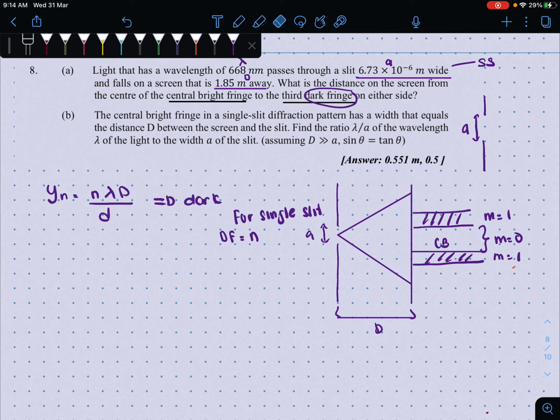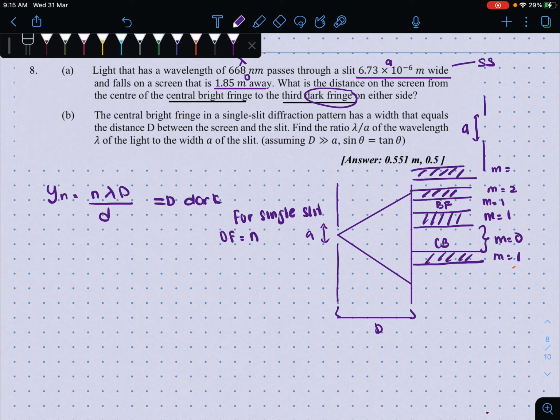Untuk yang double slit, yes. Untuk single slit, no. You will only have M is equals to 0 sekali sahaja sebab central bright dia sangat-sangat lebar. Immediately next after that, you're going to have M is equals to 1. And then next adalah bright, M is equals to 1. Ini bright fringe. And then dark fringe balik. M is equals to 2. Bright fringe and then dark fringe balik.